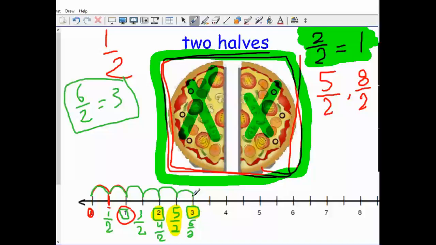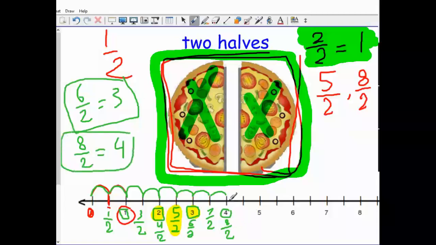After 6 halves, 7 halves, and it is in the half distance between 3 and 4. 8 halves. I landed on 4. So I can say 8 halves is the same as 4.